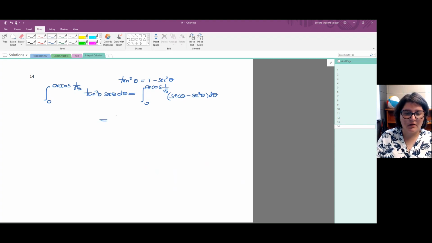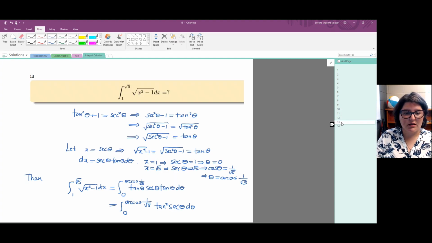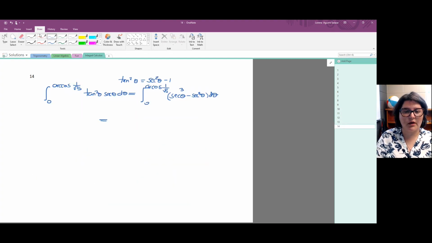Here we have the antiderivative of secant, and actually we made a mistake here. This should be secant squared of theta minus 1. That makes more sense because tangent squared plus 1. Okay, sorry about that mistake. This should be secant cubed minus secant of theta.